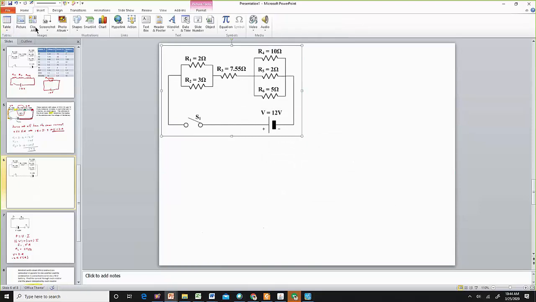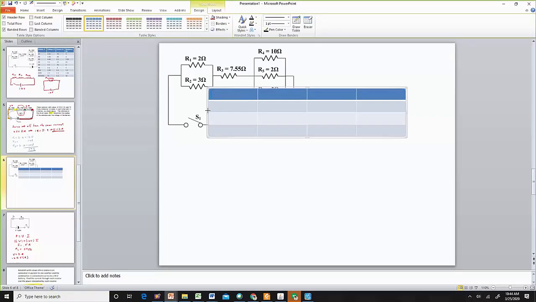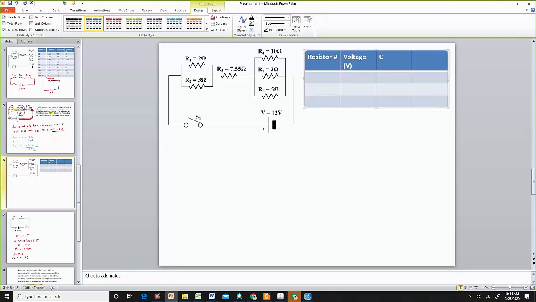The way I recommend doing this is to create a table. Make these your headings.